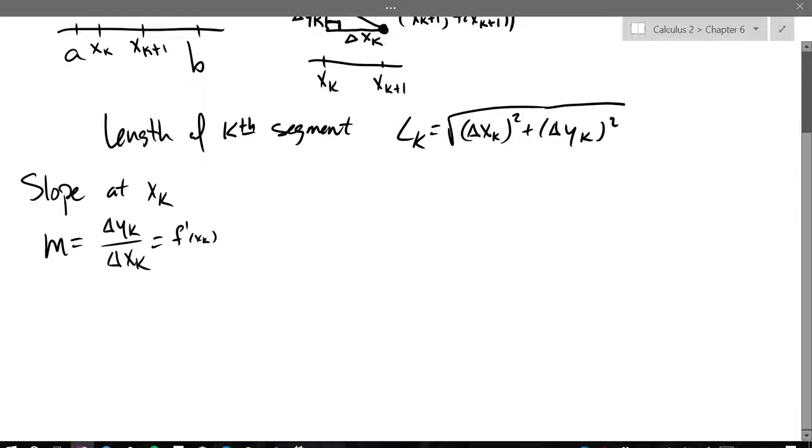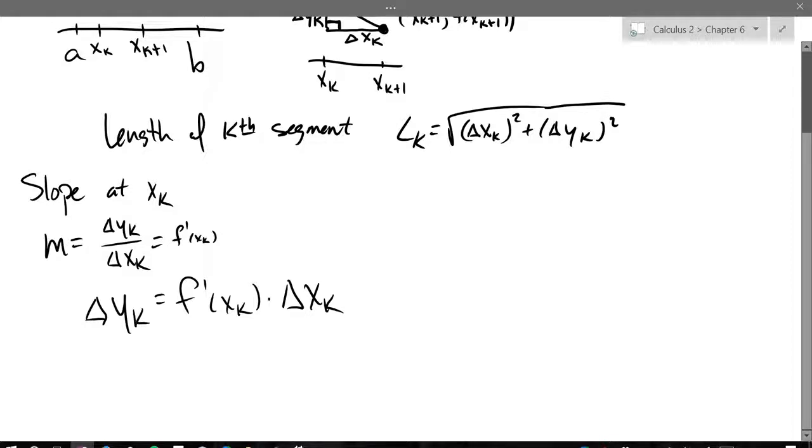Using this, I'm going to multiply by delta xk. So we get delta yk equals f prime of xk times delta xk. So delta yk, how much y changes, is going to be the slope multiplied by the change in x.